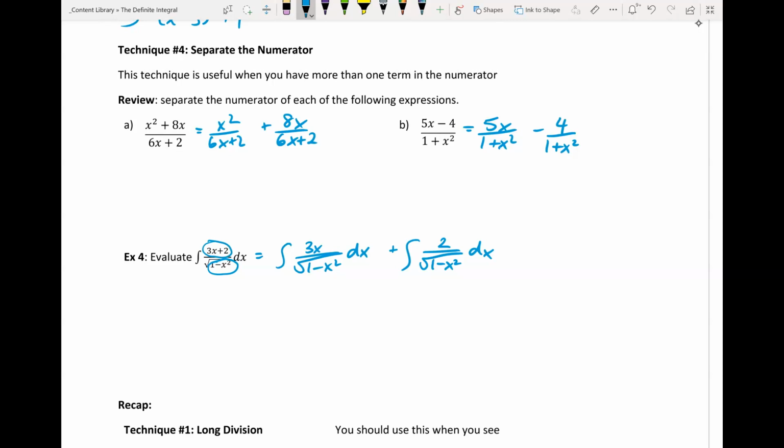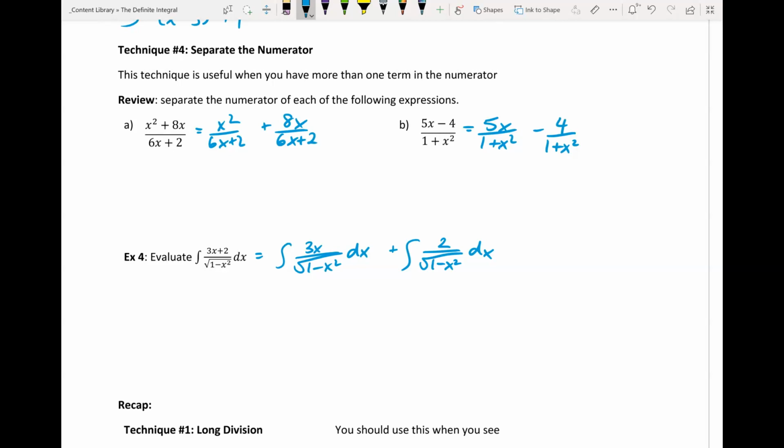So I can't just let u be 1 minus x squared because I don't actually have the right derivative in the numerator. But if I separated them, that's fine. Now I can use u as 1 minus x squared, and I don't have that plus 2 to worry about. And I'll use U-substitution for the first one. This one is just going to be sine inverse after I take the integral of that.